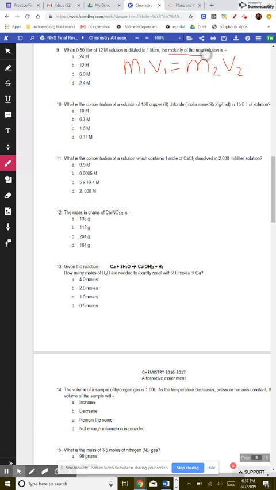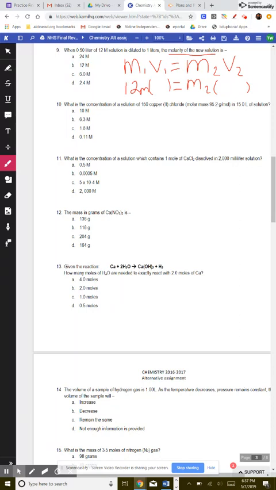It already says molarity of the new solution, which means I'm solving for M2. Okay? So the original molarity is 12 molar. And then V2 and V1, we need to figure out which one is which.